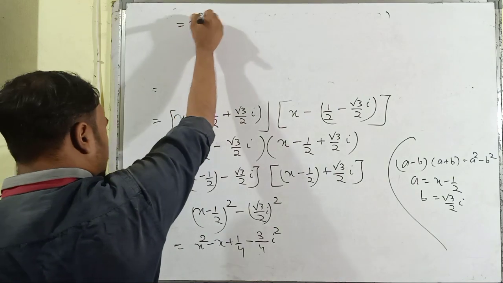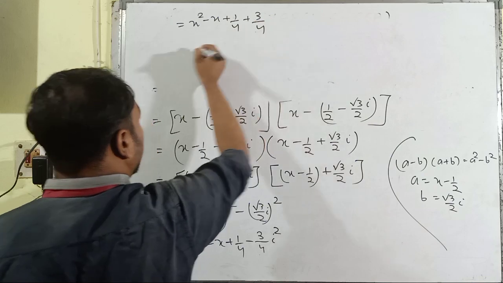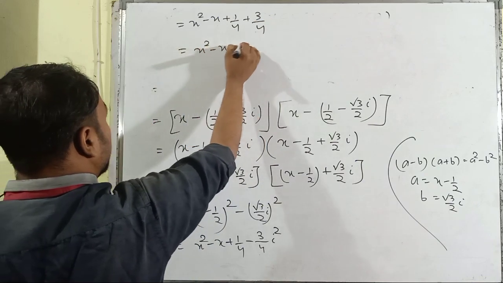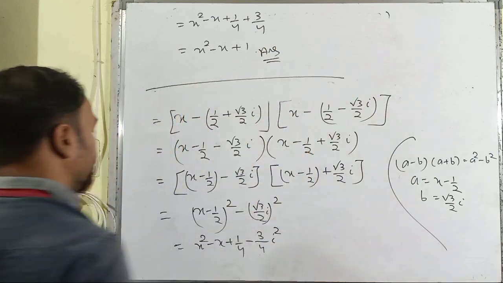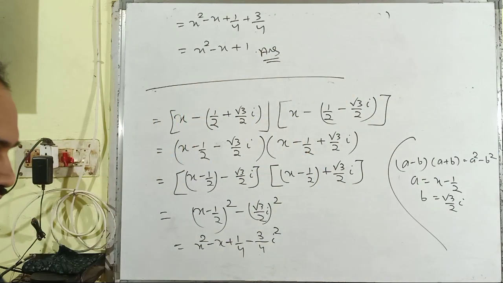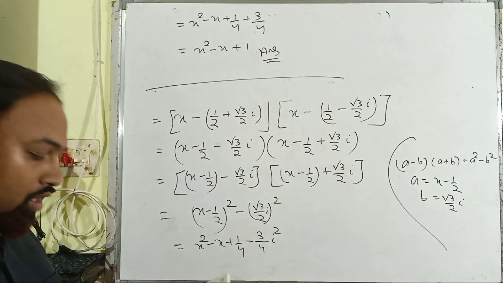So it will be x square minus x plus 1 by 4 and plus 3 by 4. And now this is x square minus x plus 1, and here it is the answer for the number 4 by using the second method. So it is all about the second solution of the number 4.